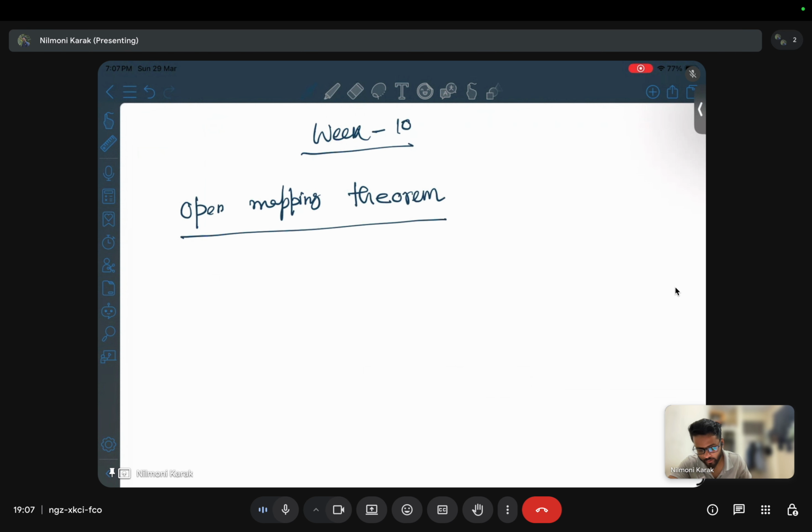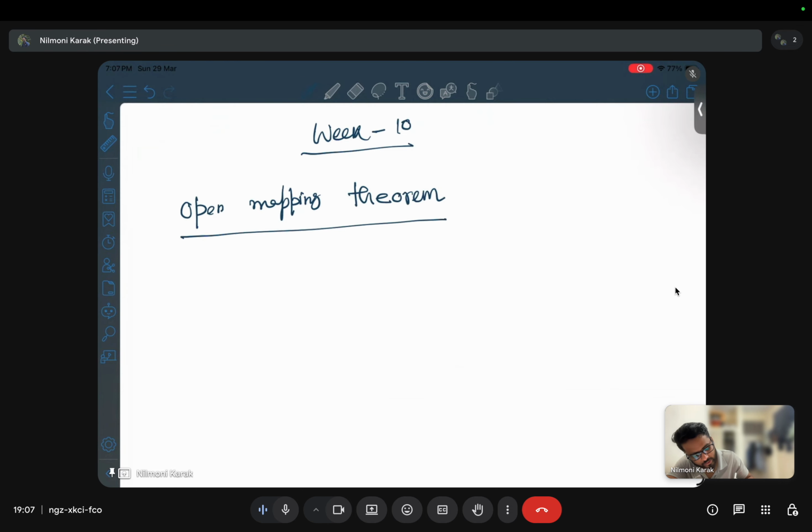Very famous. Actually, we study the open mapping theorem in functional analysis to get a homeomorphism between two spaces, two normed linear spaces, or two metric spaces.